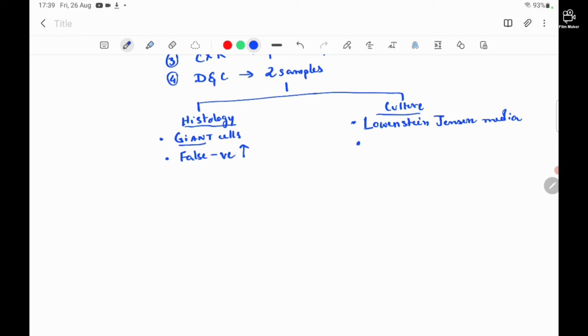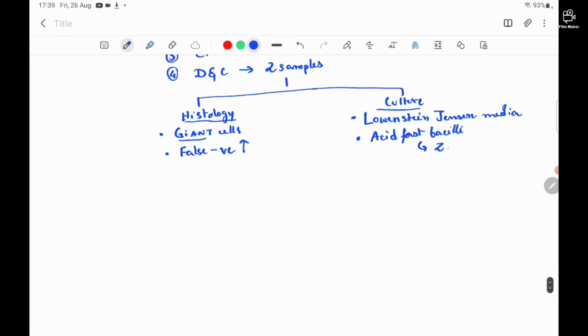You can identify acid-fast bacilli on Ziehl-Neelsen stain or by guinea pig inoculation.